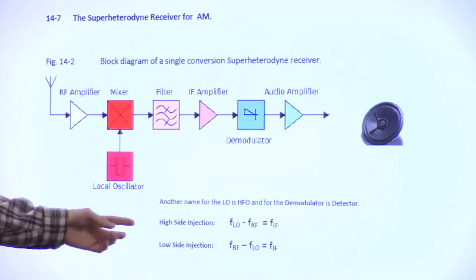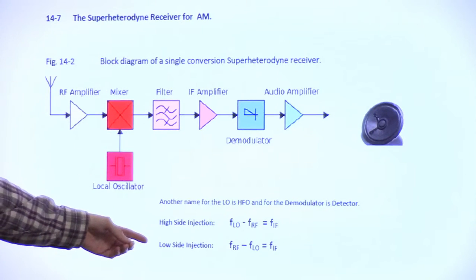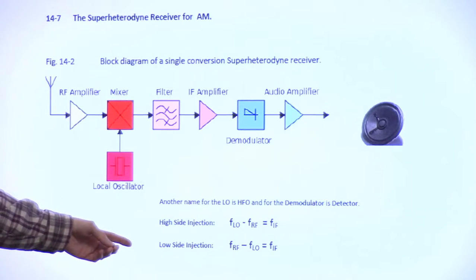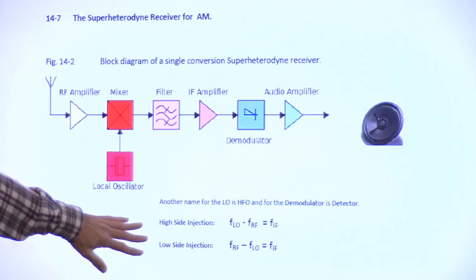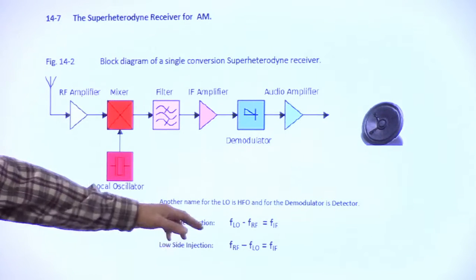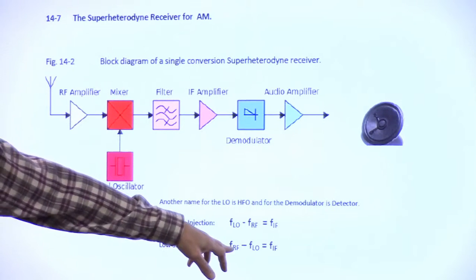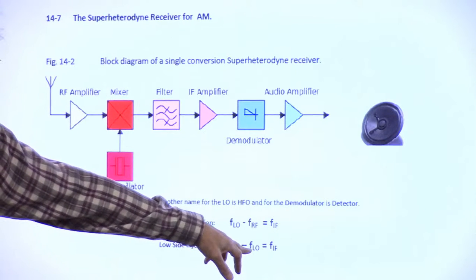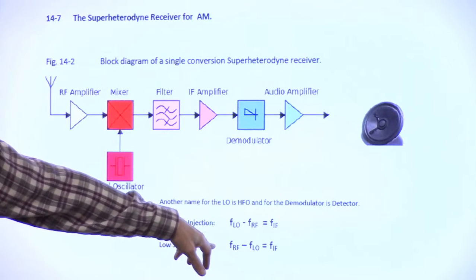Or likewise, if we decided to use low side injection, which for whatever reasons, I don't know the engineering why they do sometimes, it's the reverse. The local oscillator frequency would be 455 kilohertz less than our received frequency.